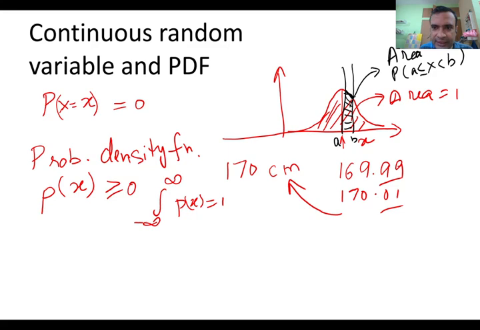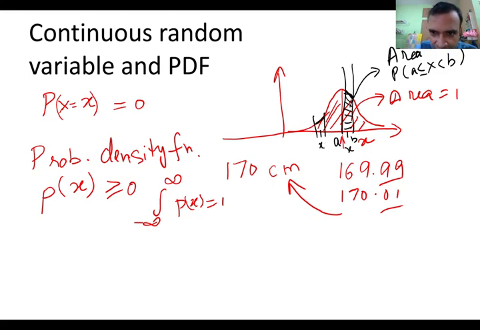Density means that if you take a fixed, infinitesimally small interval delta x around x, then having high probability density means that at this value of x, if I take delta x around it, you will have relatively higher probability than if I take delta x around this other value of x.